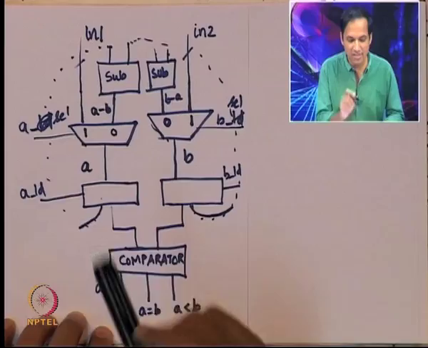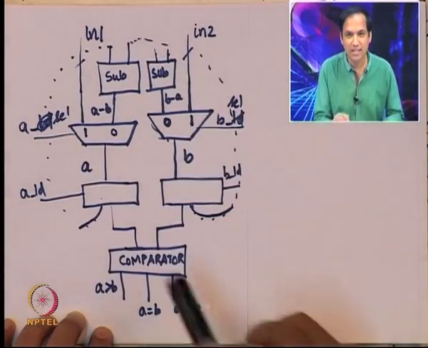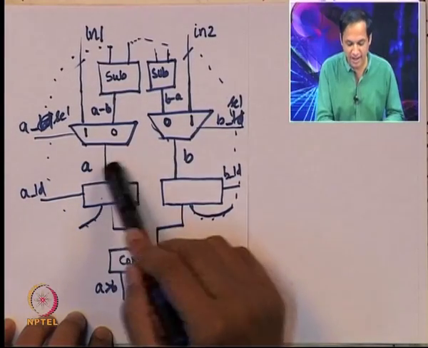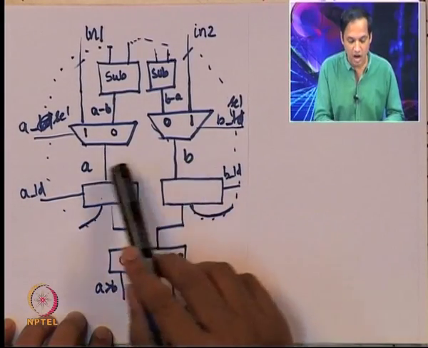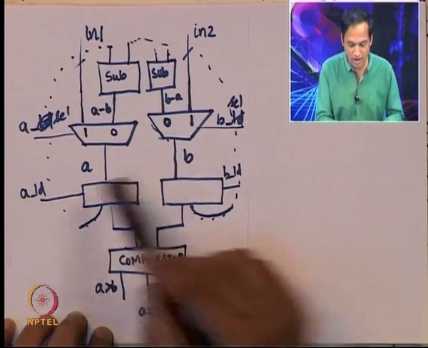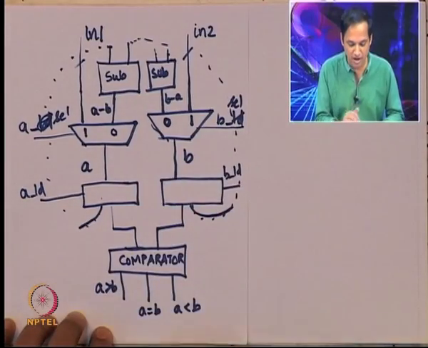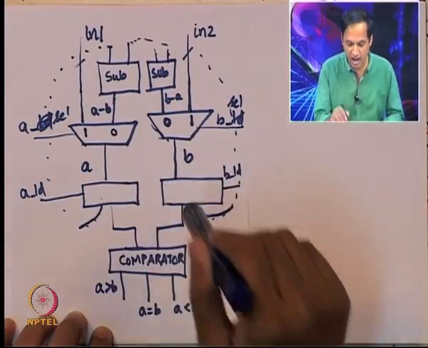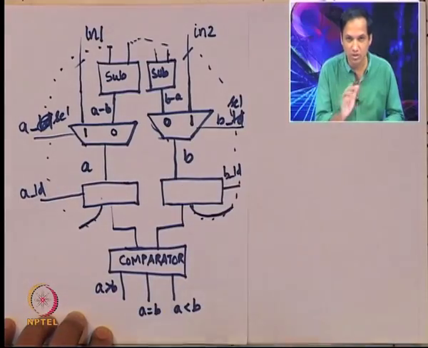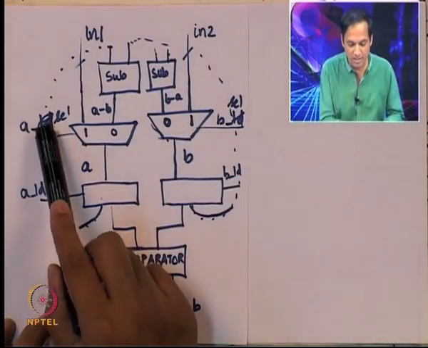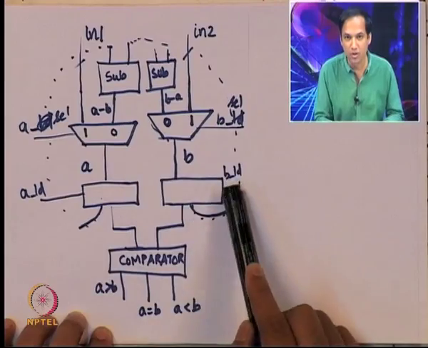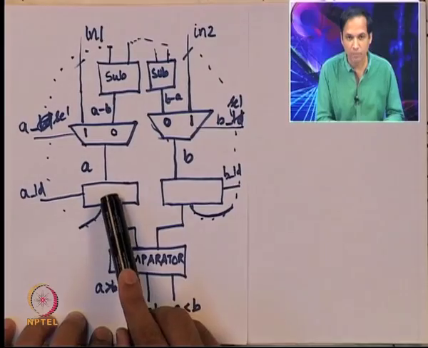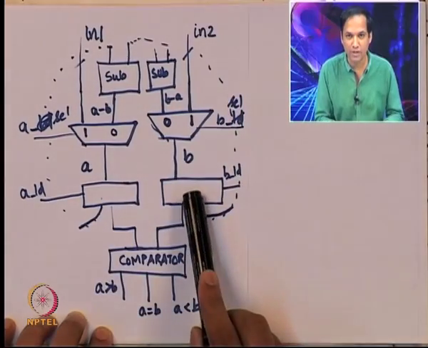Then somehow magically this A select and B select should both be 1, so that they get into these lines A and B. Once that happens, somehow A load and B load should both be 1, so that the value from the external world is actually registered in A and registered in B. So this should happen first. Somehow A select, B select, A load and B load should all work together, so that the value in 1 is copied to this and in 2 is copied to this.